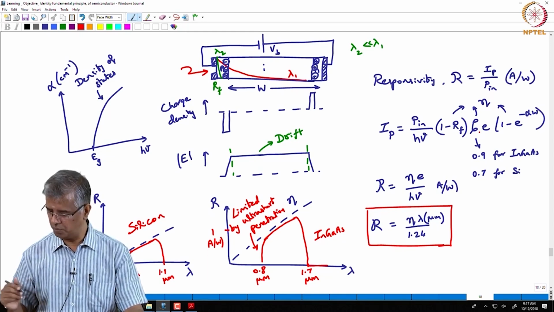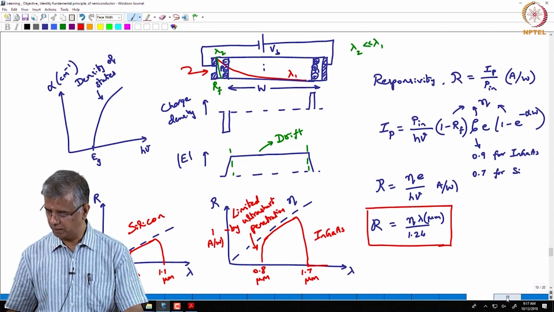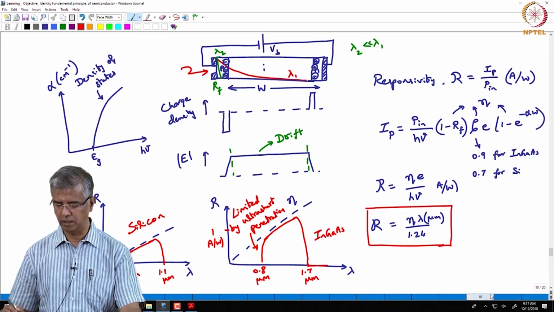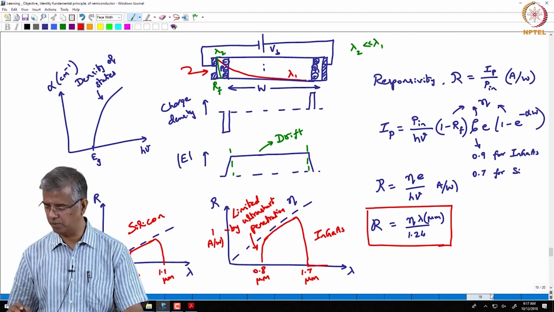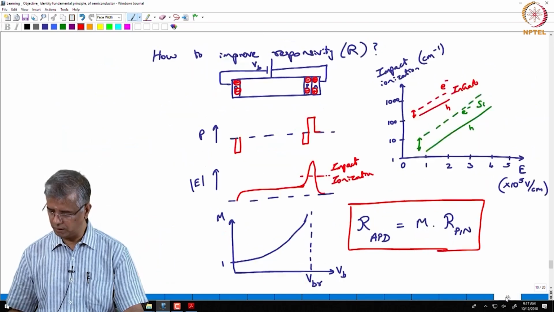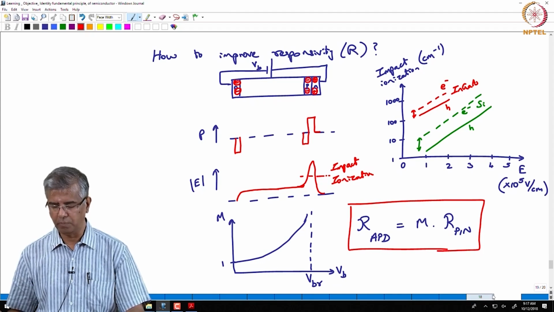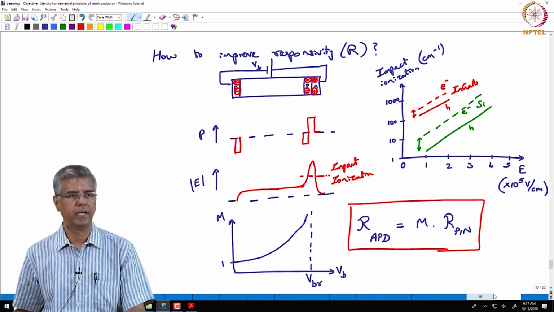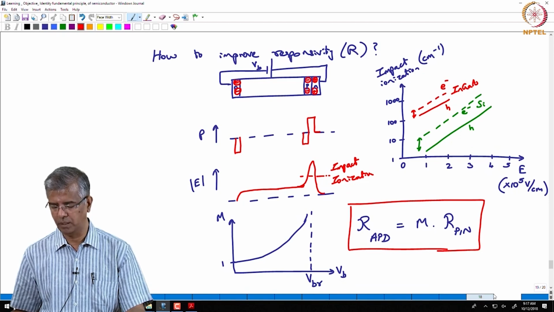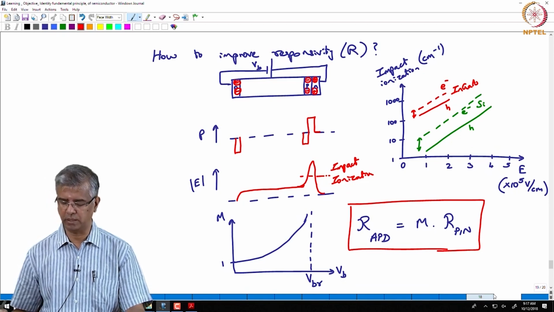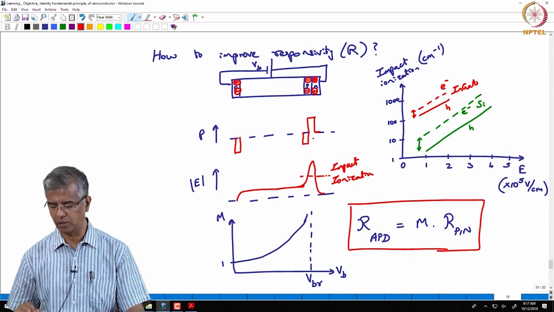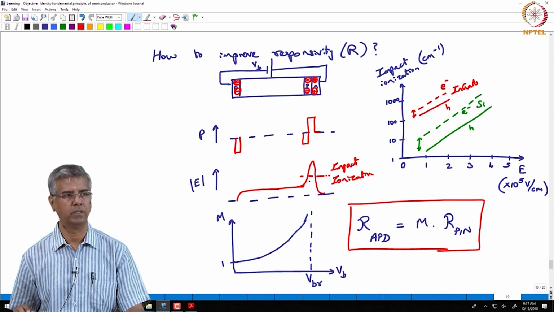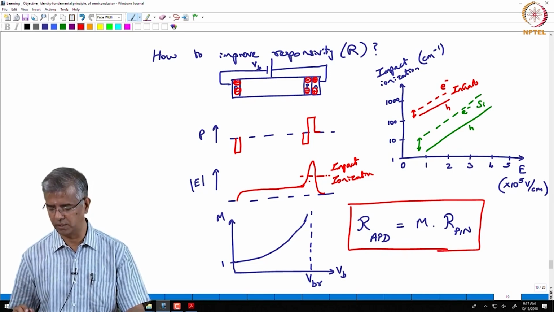So, anyway, we came up with this expression for the responsivity, and we looked at the physics of how the responsivity changes as a function of lambda, and then we went on to improving the responsivity by adding an extra layer in the PIN junction, and that extra layer was such that it was creating a large differential in the charge density, and correspondingly there is a large drop in the voltage across that junction.